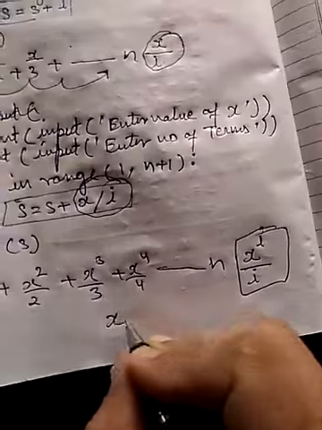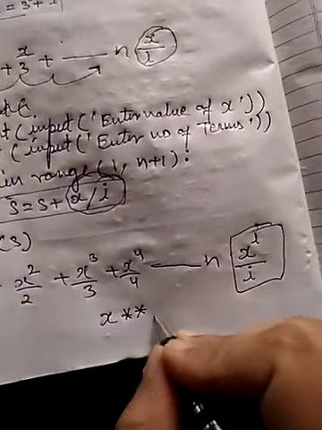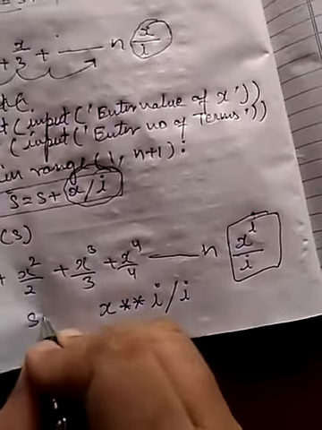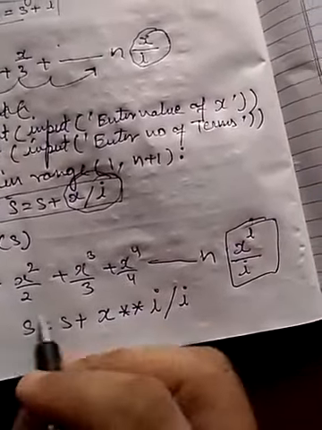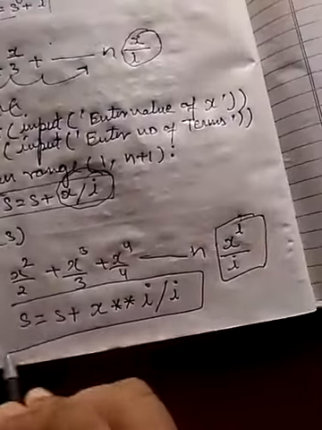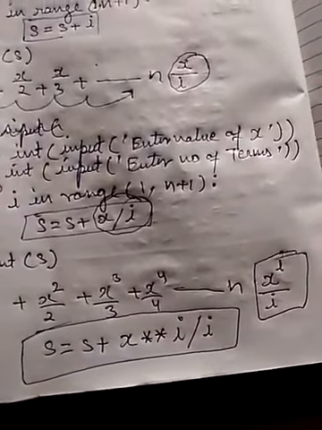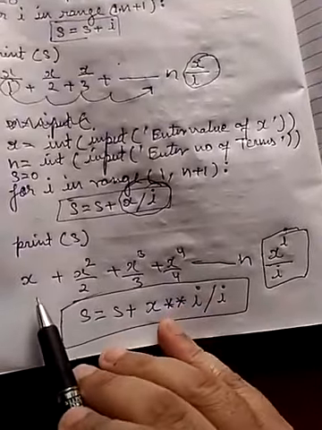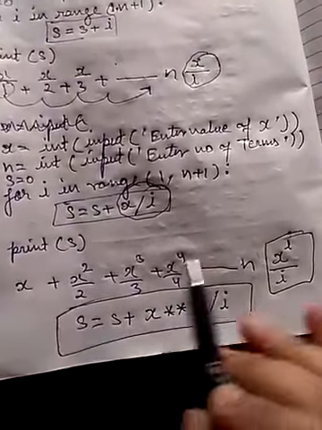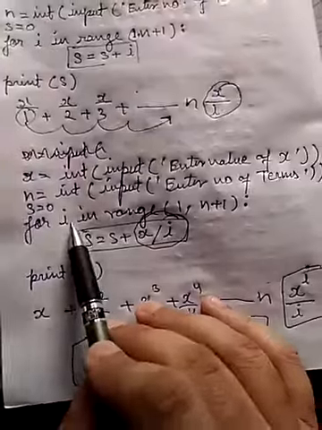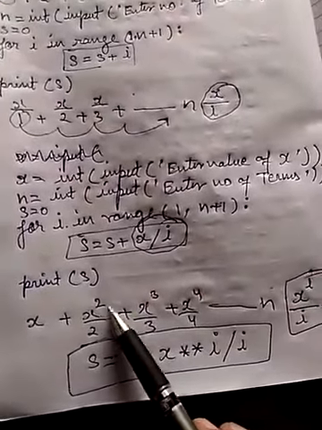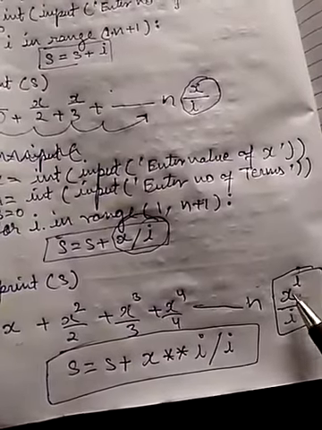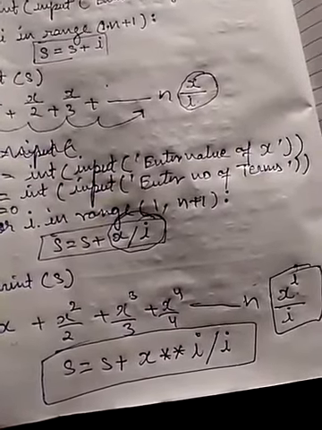Here this part will be x to the power I upon I, sum equal to sum plus this. Rest of the part will be same, because the loop continues from 1 to n. After that we are doing the sum of the term. Here term is x to the power I upon I.